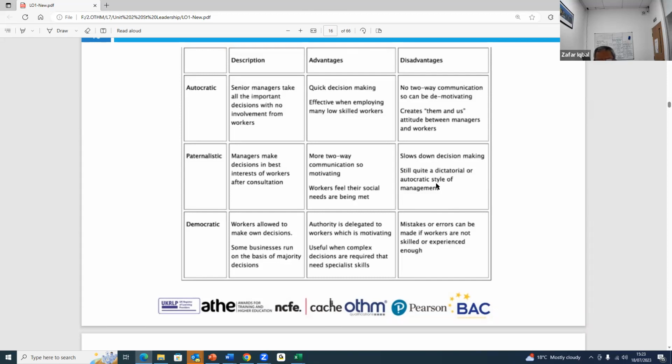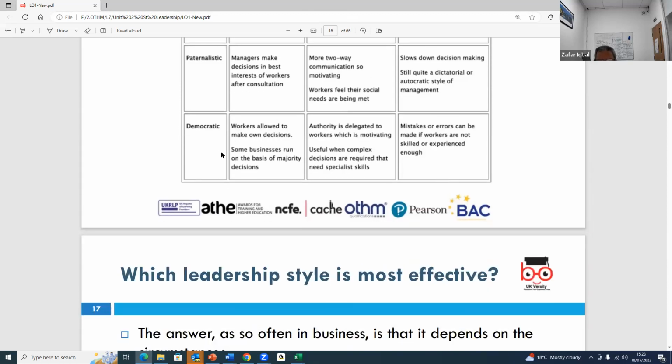Okay, democratic, however, has the advantage of sharing responsibility, or sharing the decision-making process with the employees, making sure that the complex decisions are shared between employees, and employees are motivated, they are given authority, and their motivation is uplifted by this particular delegated authority.